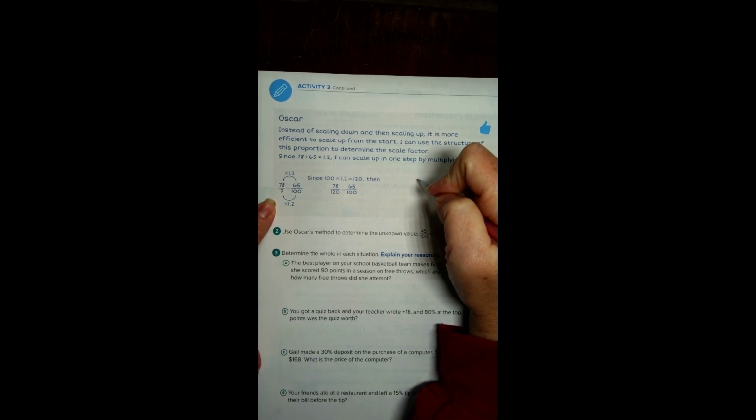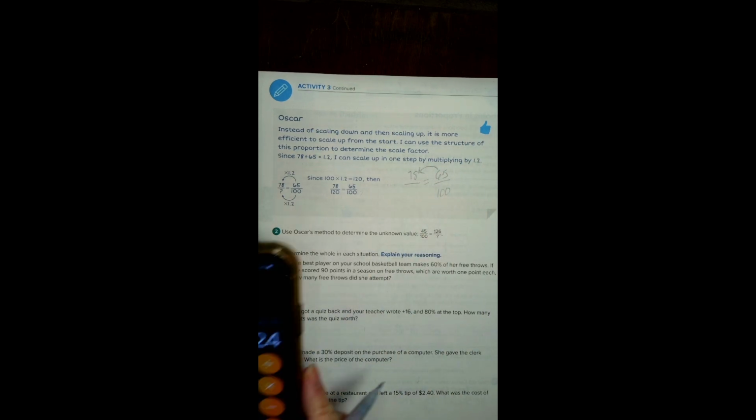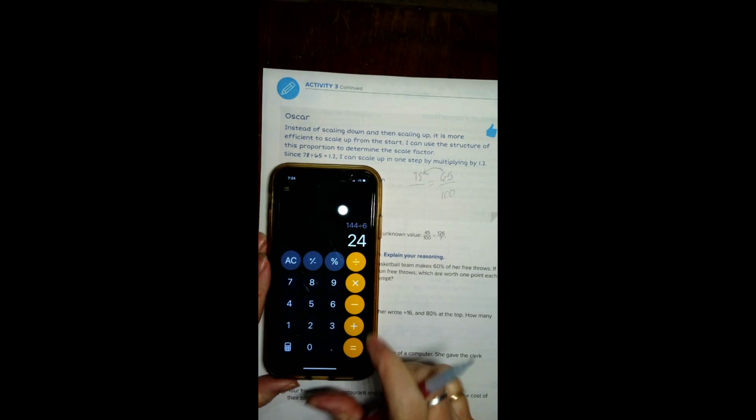So I'll write this. So we have 78 over some amount equals 65 over 100. So if we're trying to figure out how do you go from 65 to 78, we know we're multiplying by something. So if we do the inverse, we can figure out what that is.